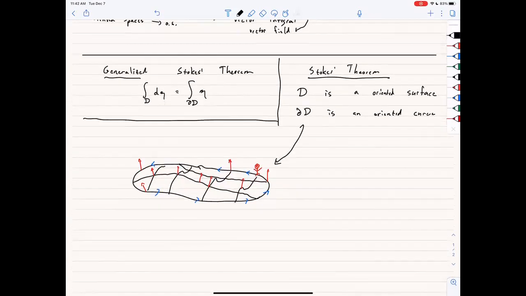Okay, so now we've taken care of how we're going to generalize these guys, but there is this other ingredient. Of course, there's eta, and eta in our case is going to be a vector field. So these are both going to be vector integrals. And it's a vector field in 3 dimensions. This is a very 3-dimensional theorem, the classical Stokes theorem.